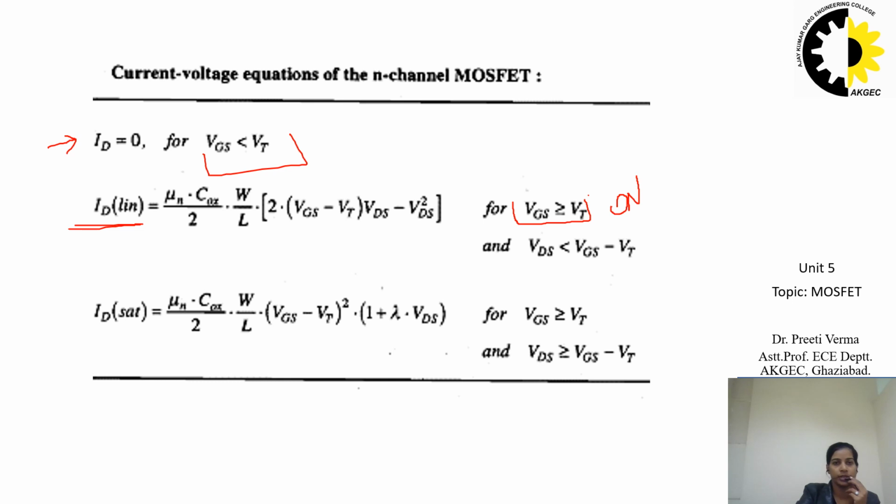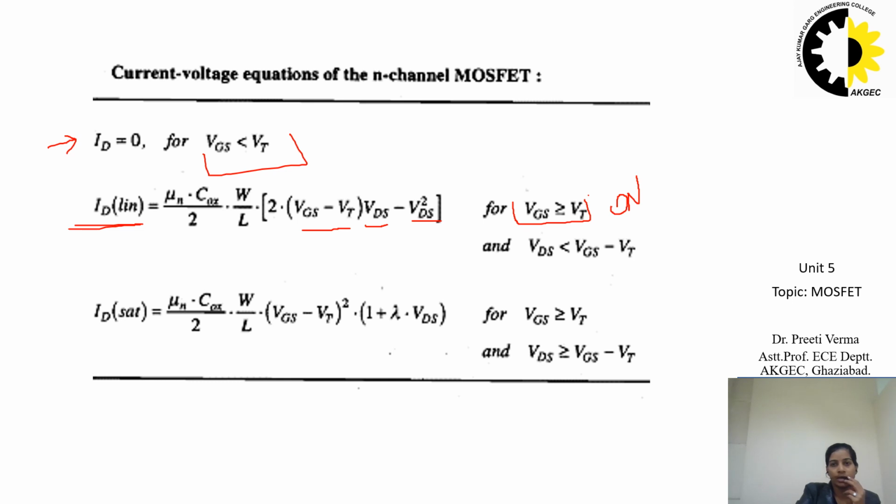The first condition shows the linear current equation. The linear current equation is defined as mu n Cox by 2 multiplied by W by L multiplied by 2 times VGS minus VT multiplied by VDS minus VDS square.